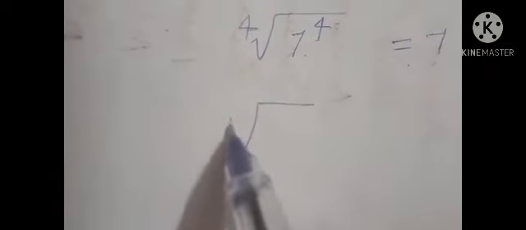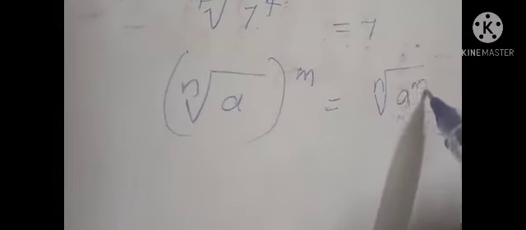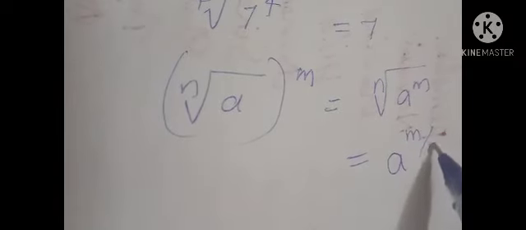Okay. The next is nth root of a whole raised to m. This we can write as nth root of a raised to m, or a raised to m by n.